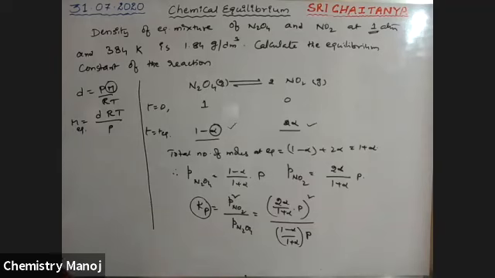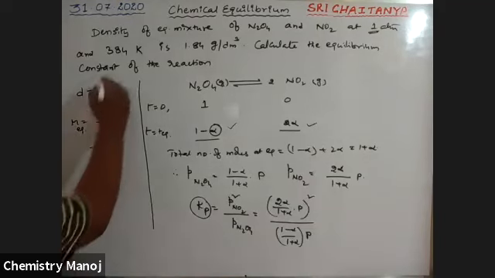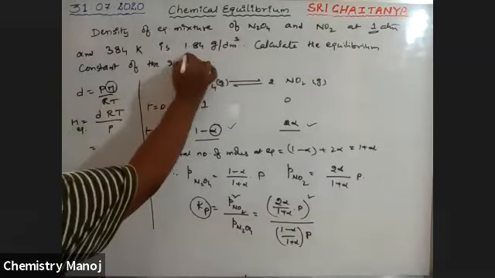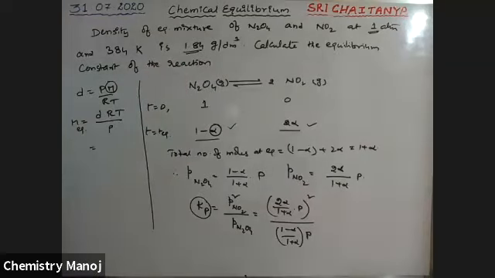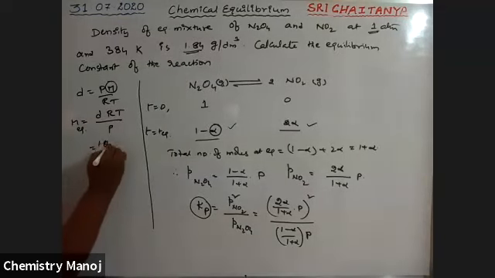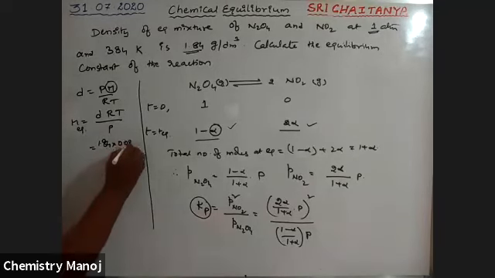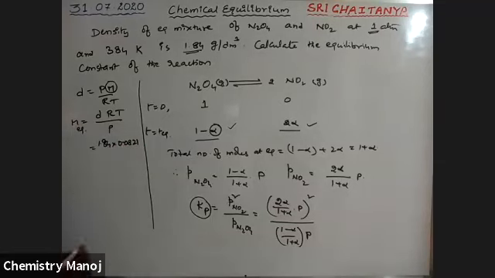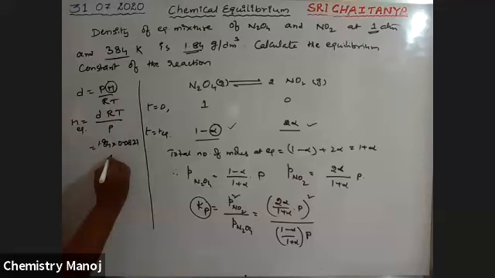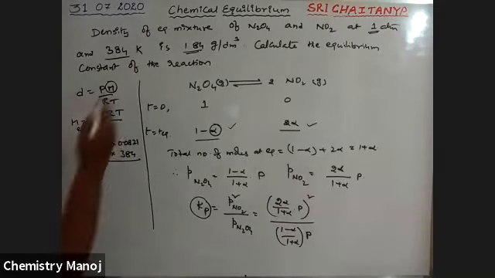At equilibrium, the molecular mass: the density of the equilibrium mixture is 1.84, into R gas constant 0.0821, into temperature 384 Kelvin, by pressure 1 atmosphere.